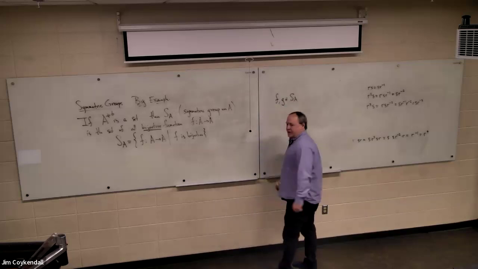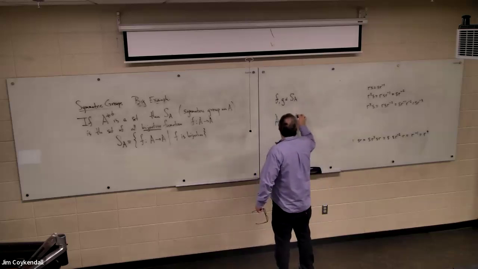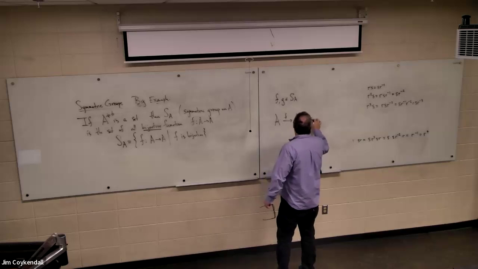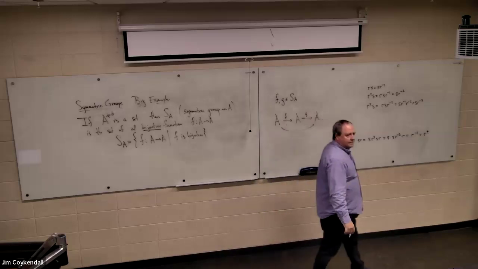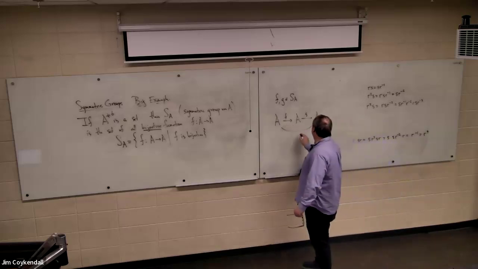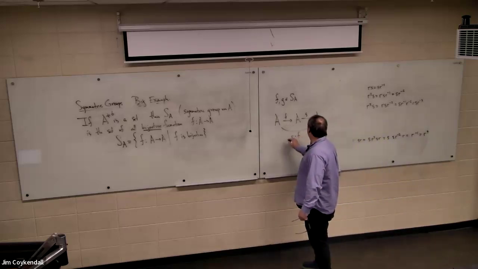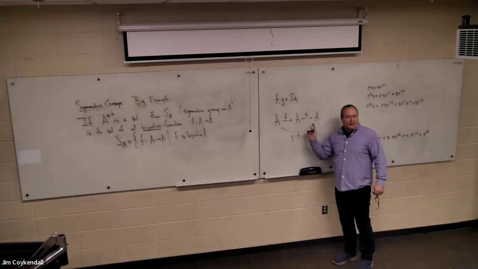Suppose these are two bijections from A to A. What happens when you compose these functions? Isn't that also a function from A to A? Everybody agree with that? You go from A to A, pick it up where you left off.